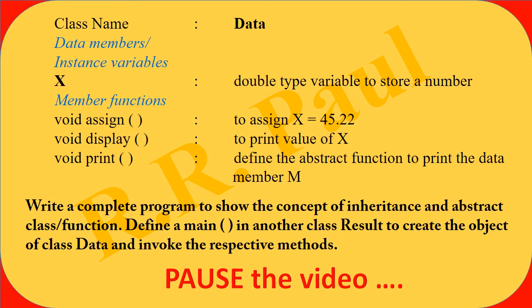It is a member of data class, but print function is also defined here, which is a member of the base class, the abstract class. So print function is declared in the superclass, the base class, but it is being defined in the inherited class, the subclass. This is what you have to take care of.